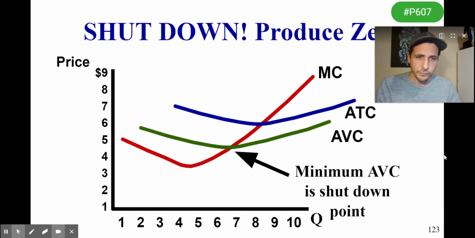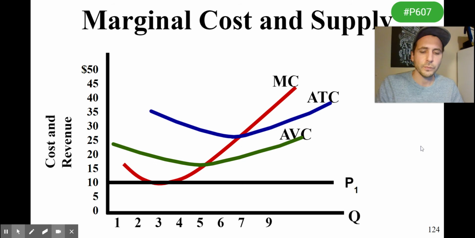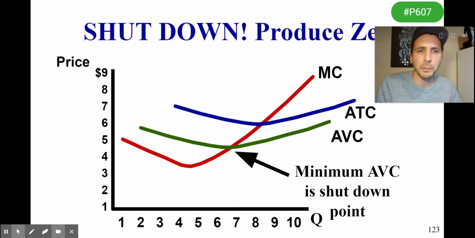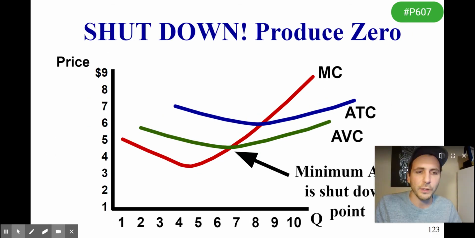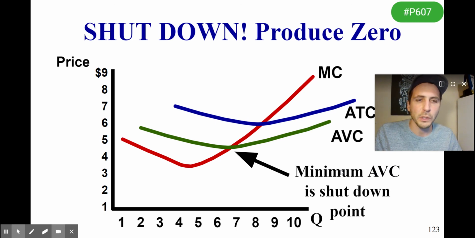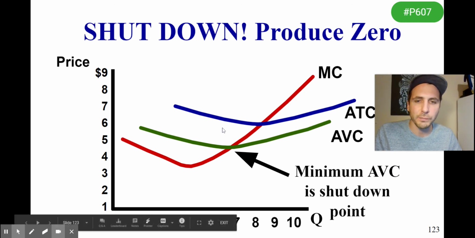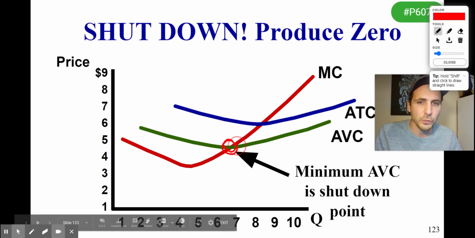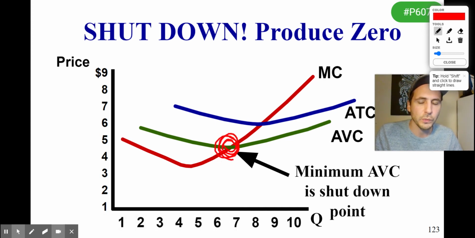Okay. So remember, just an easy way to remember this is you will shut down when price is below the minimum AVC point, right? We know the minimum AVC point, which is right here, is going to be at the intersection between MC and AVC.